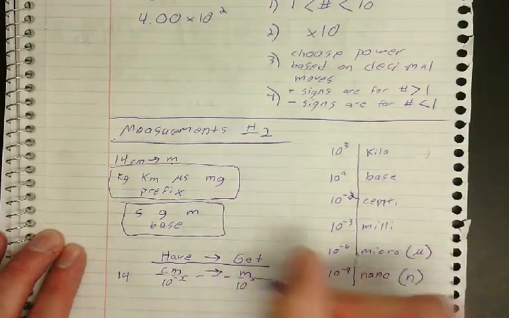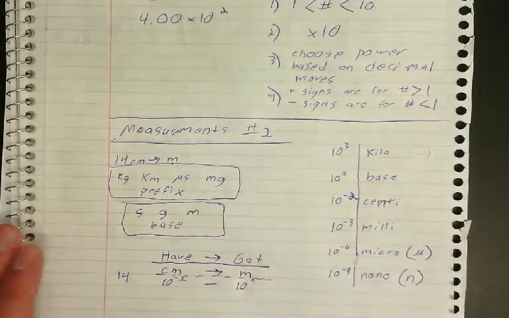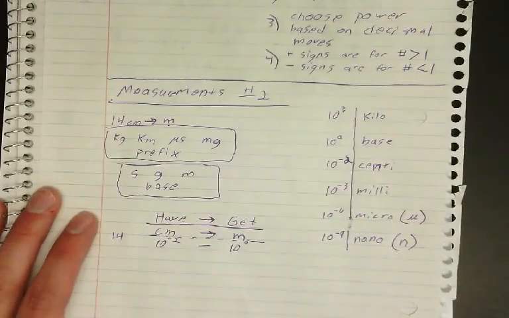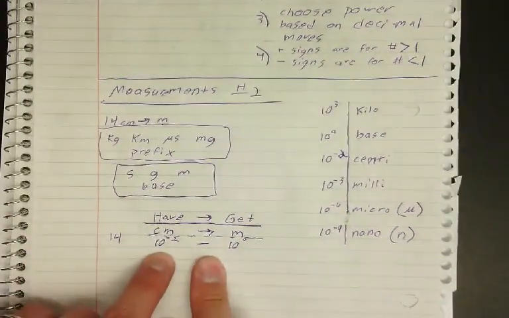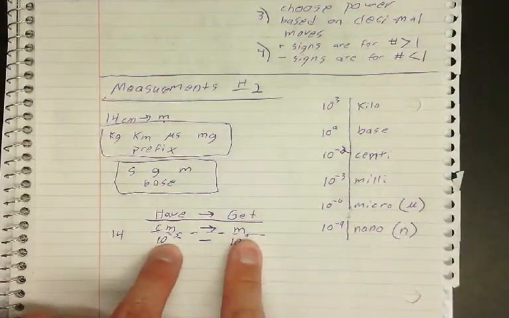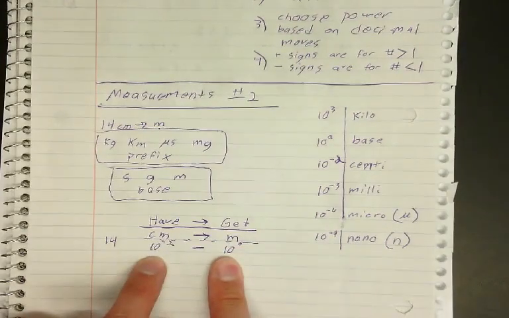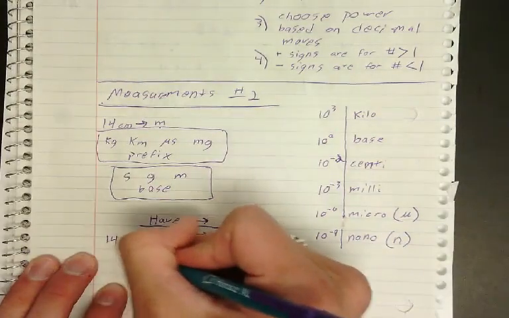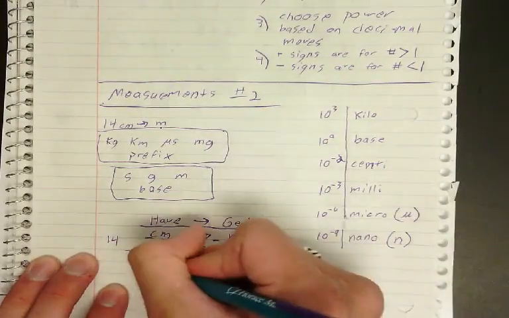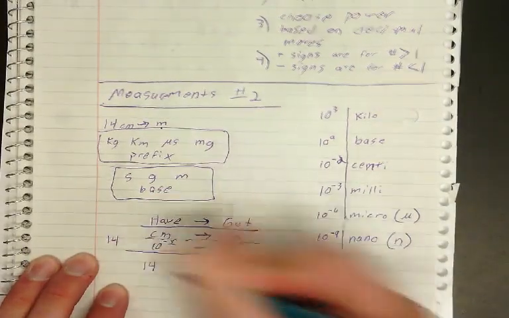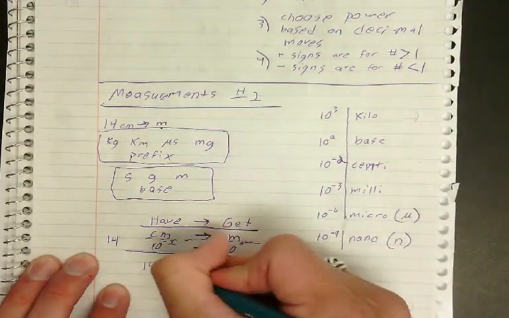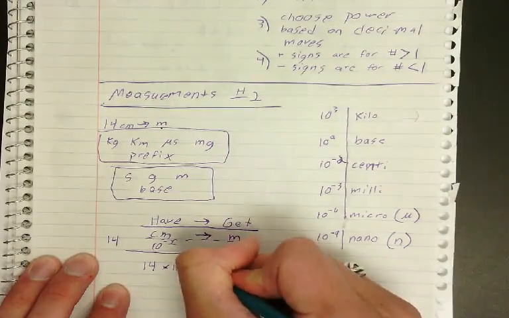And what you do is you subtract. Have minus get. When you're subtracting powers, all you have to do is subtract the numbers themselves. The times 10 stays. So when I do have minus get, it turns into 14 times 10 to the negative 2 minus 10 to the 0, which is just 10 to the negative 2.